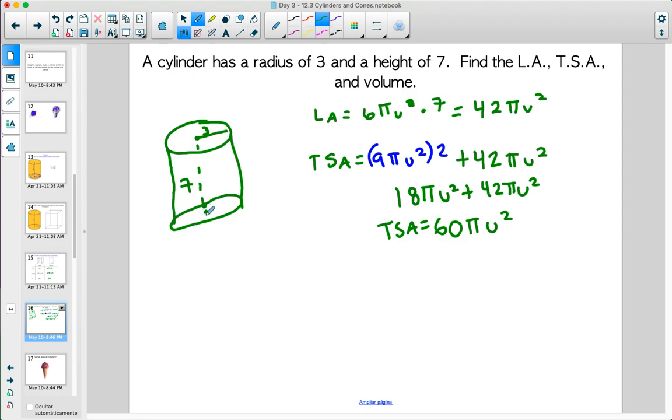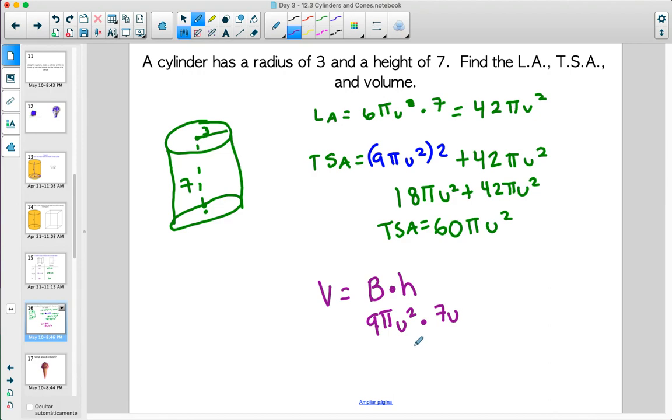All right, let's go ahead and find volume. So let's do volume in purple. So remember, volume is just, you have a quarter, you get the area of the quarter, and then you multiply by how many quarters are stacked on it, okay? So the area of the circle is, we said, 9 pi units squared. And then the height is 7 units. So that's going to be 9 times 7.